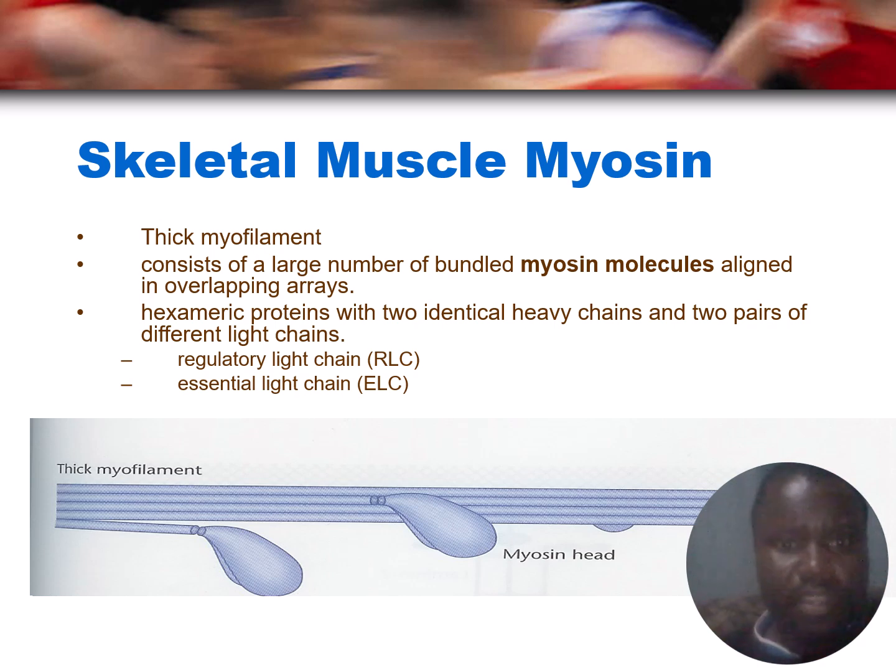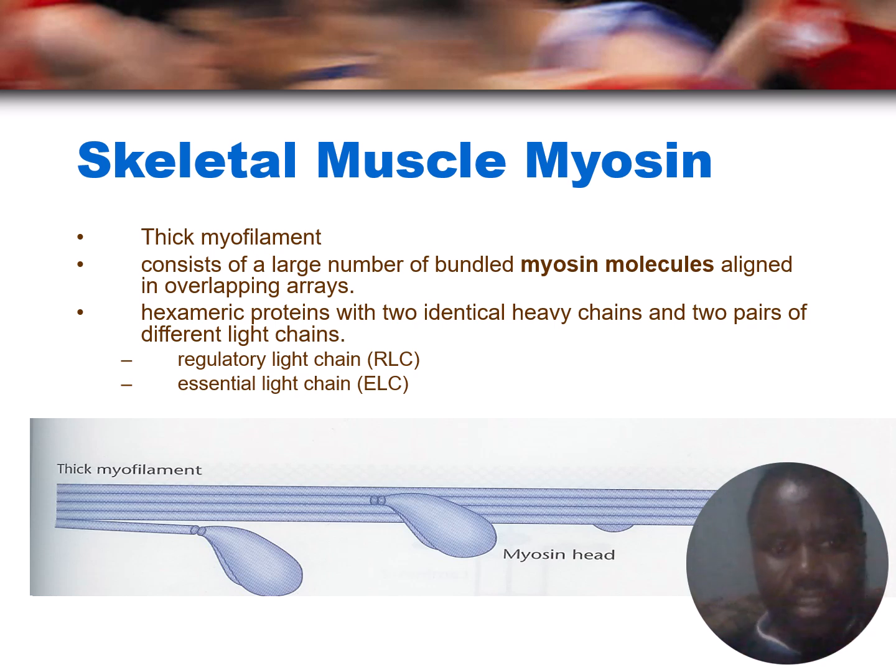Specifically, myosin is made up of 6 components, so it is said to be a hexameric protein. It has 2 heavy chains and 4 light chains, meaning 2 pairs of light chains. The first two are regulatory light chains, and the next two are the essential light chains for the contraction properties of the muscle.